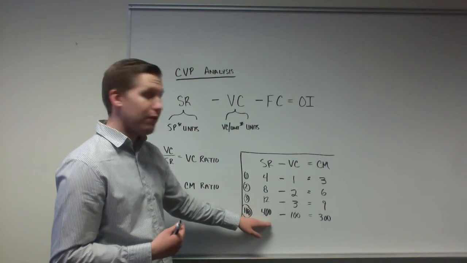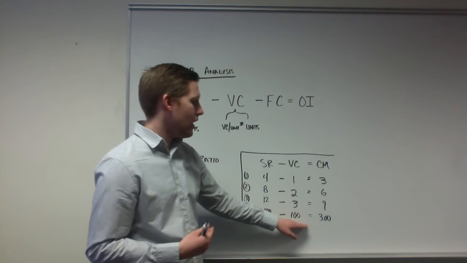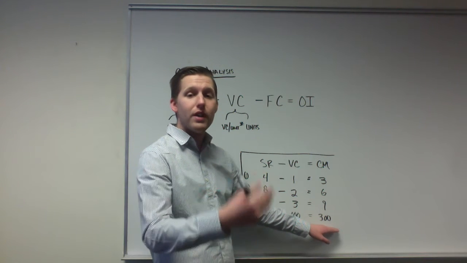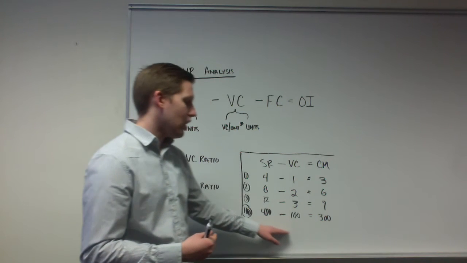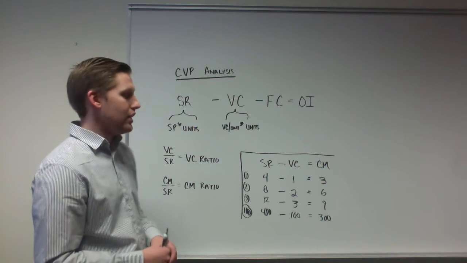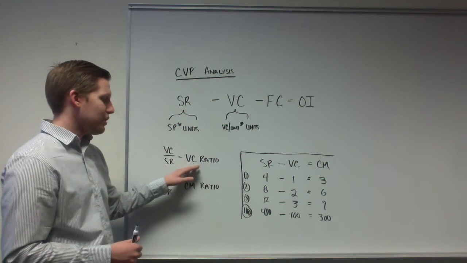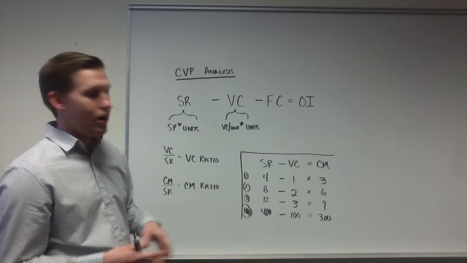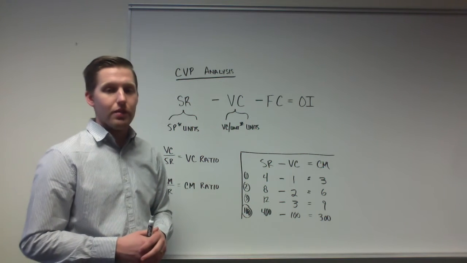Same thing here, I get $400, use 100 on variable costs, and I'm left over with $300 to use towards my fixed cost. $300 is 75% of $400. That 75% is my contribution margin ratio. So again, 25% plus 75% equals 100%. These two ratios added together will always equal 100%.